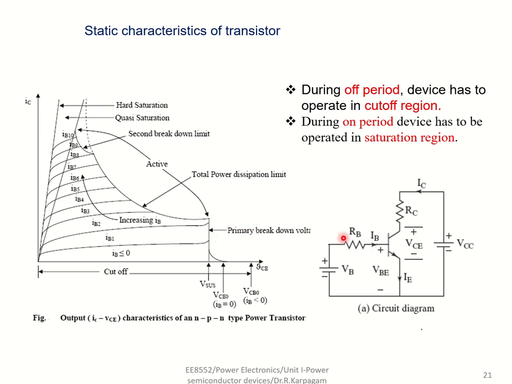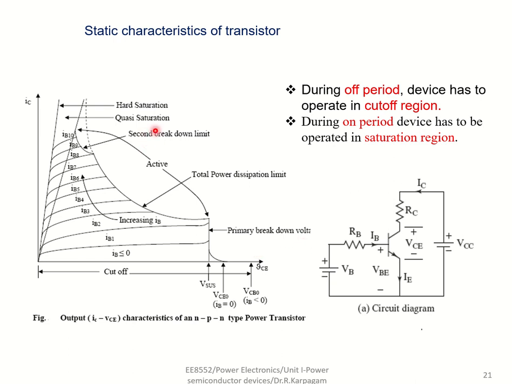The primary breakdown voltage of BJT is similar to avalanche breakdown. It occurs during reverse bias condition. When collector to emitter voltage increases, there is an increase of electron hole pairs. It causes breakdown. This type of breakdown is called primary breakdown voltage.